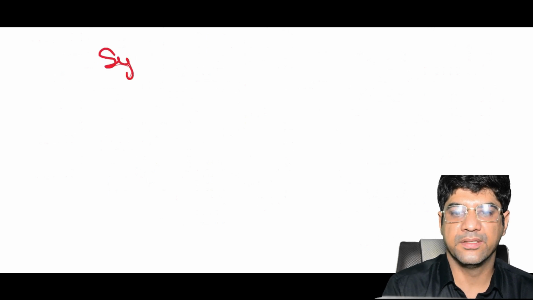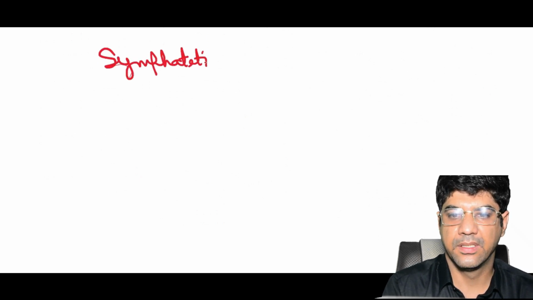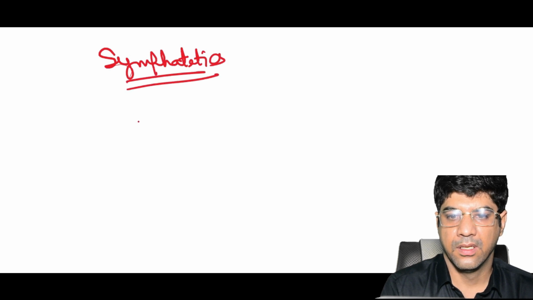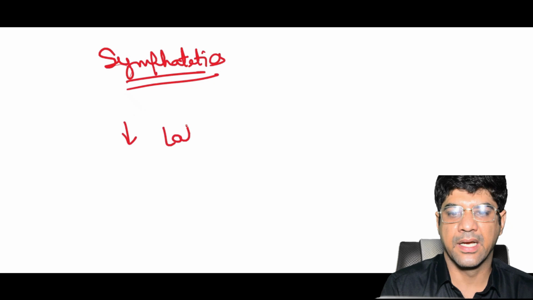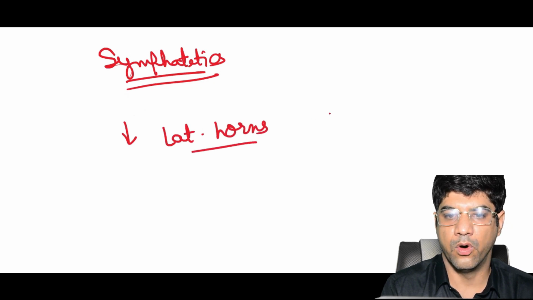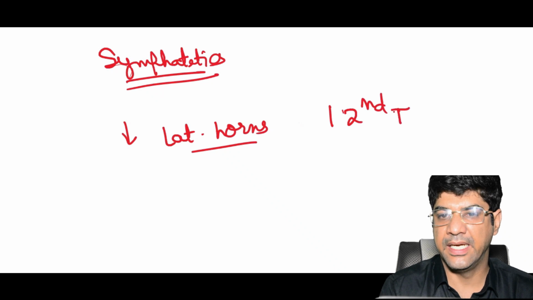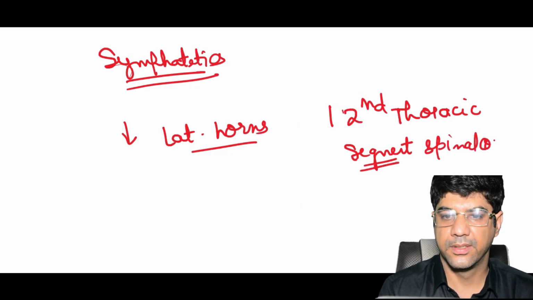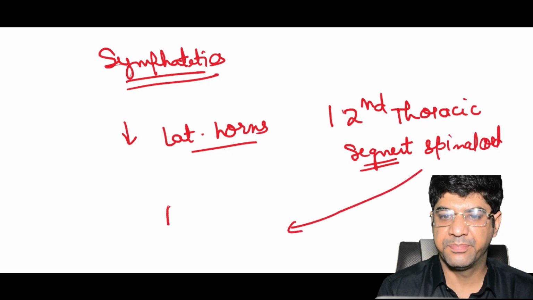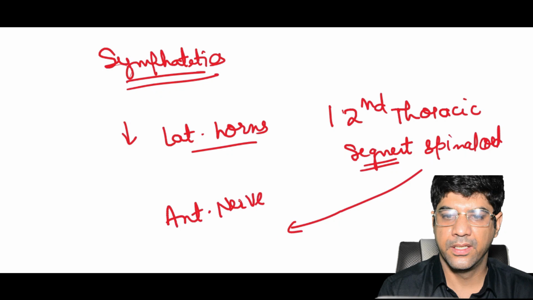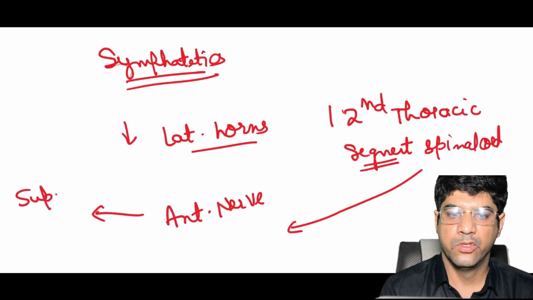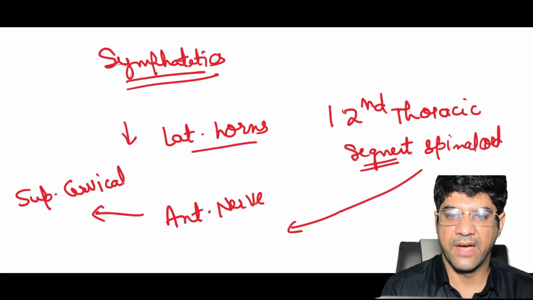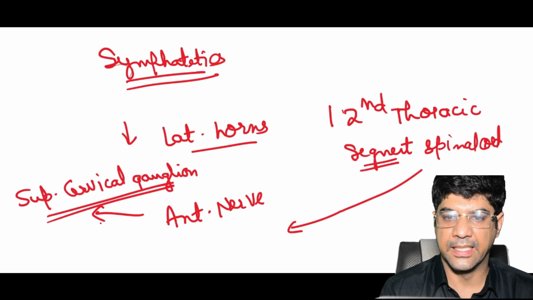Now moving to the sympathetic fibers. The sympathetic preganglionic fibers arise from the lateral horn of the second thoracic segment of the spinal cord, and they leave the spinal cord through the anterior nerve root and end in the superior cervical ganglion of the sympathetic chain.